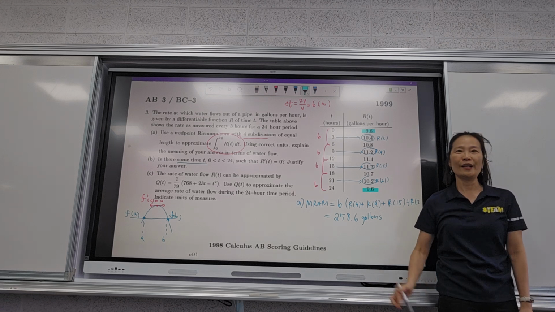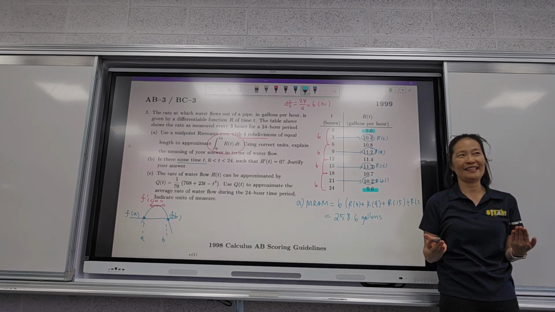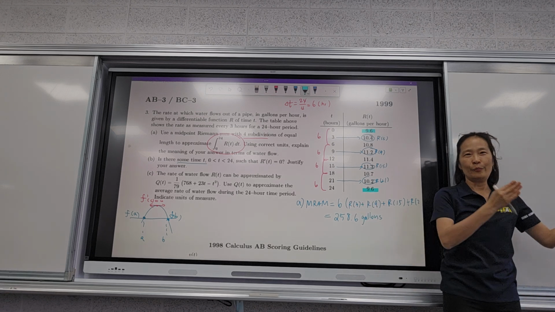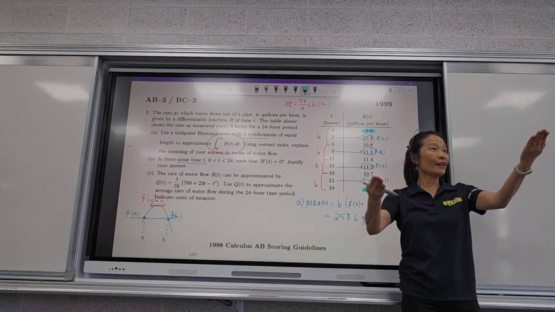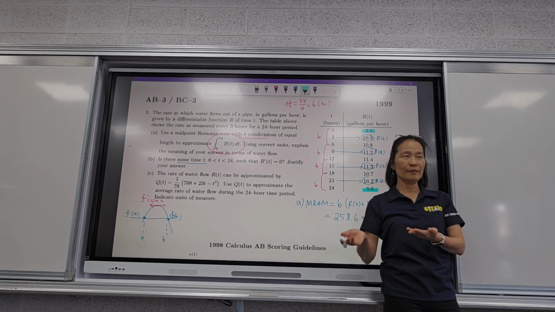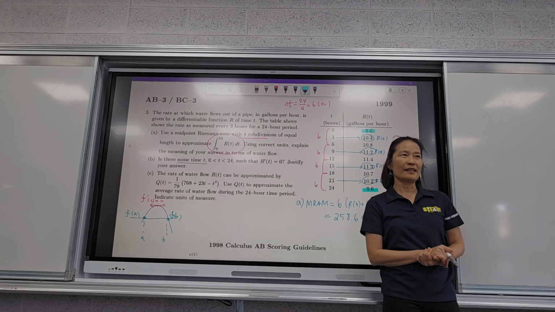So your answer is yes, but you need to interpret. Bring out the mean value theorem or Rolle's theorem that guarantees that.